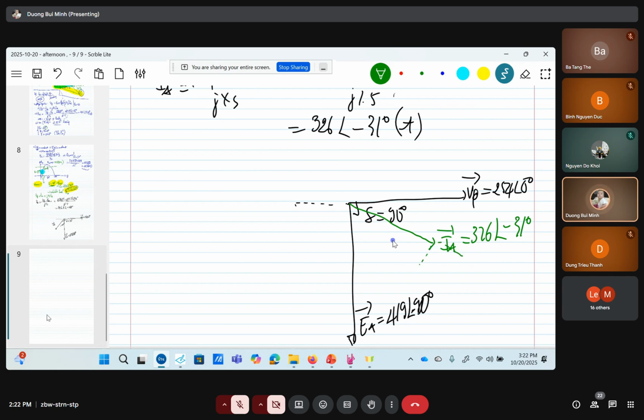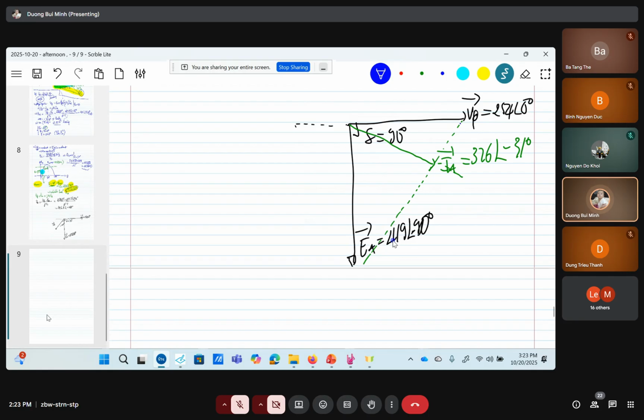So you can get this one, and you can get EA and jXS IA.